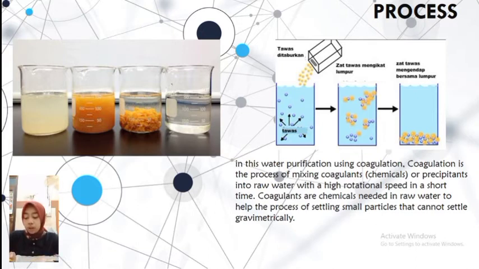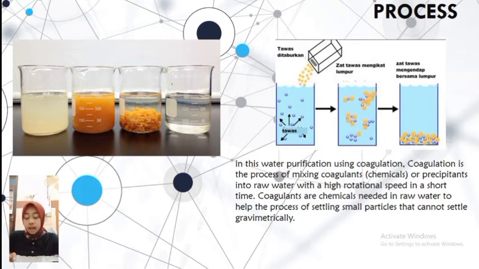Okay, how can alum do purification? When there is an intermolecular repulsion reaction, how can it become a precipitate? So for that reason, a way is done so that the molecules are attracted to each other.